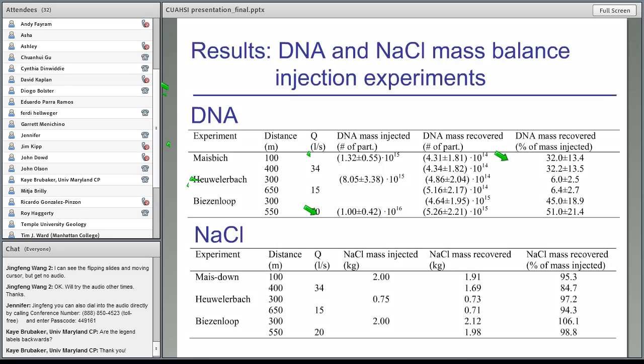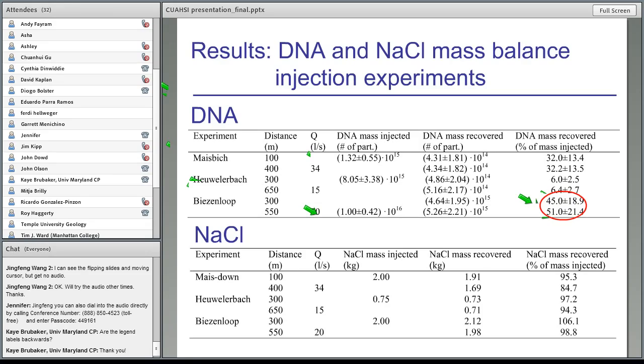For the first experiment, we recover about 32% in location 1 and in location 2. For the next one, we recover some 6% in both locations. And in the third one, we recover some 45 to 50% in location 1 and in location 2.